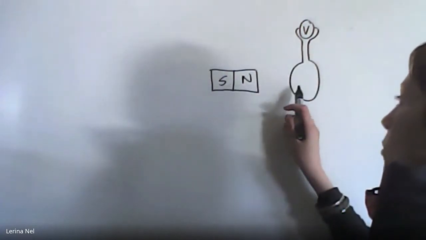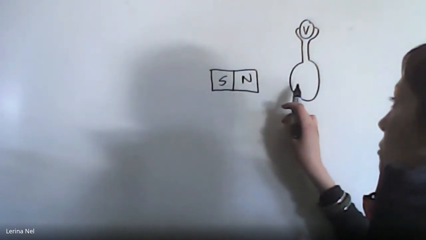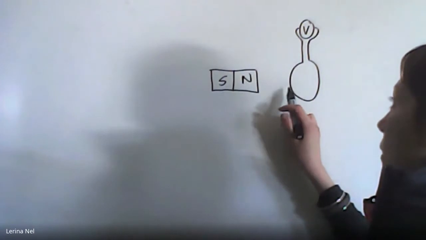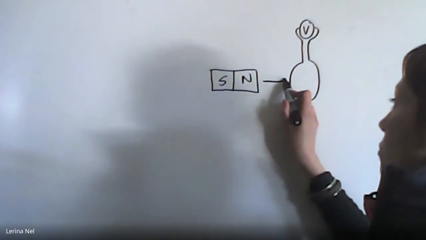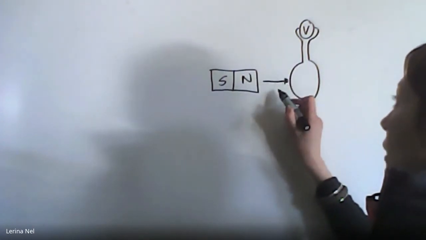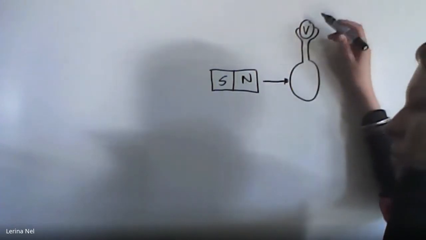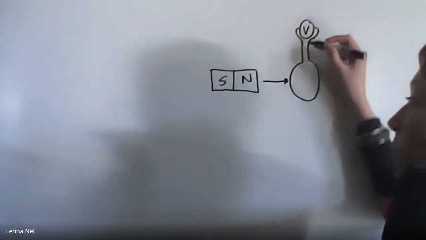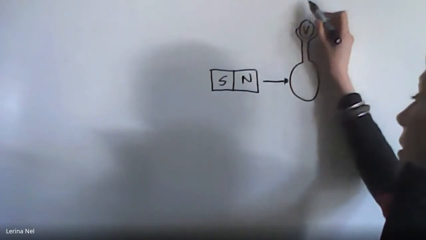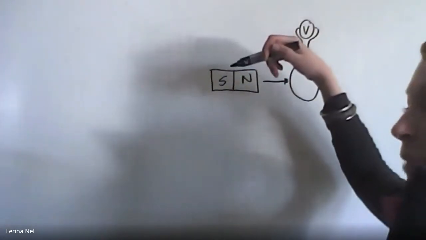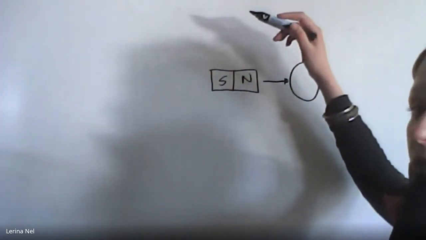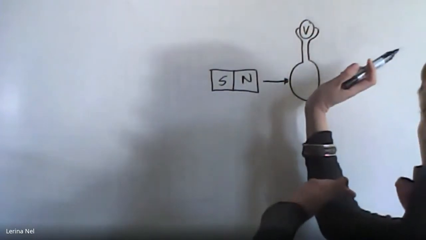And then they saw that when the magnet was close to the object, as soon as it stopped moving, there was no voltage. So they thought, oh, okay, nothing's happening. When they take the magnet away, they see that the voltmeter or galvanometer makes a deviation. When they bring it back, there's another deviation.